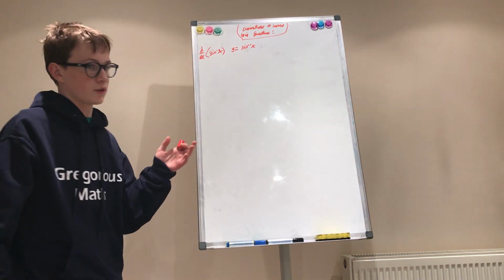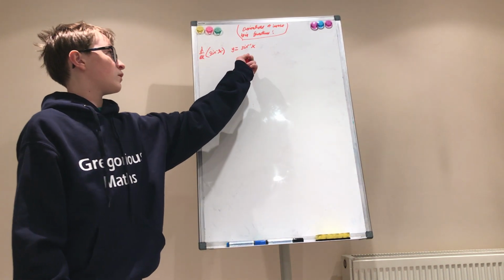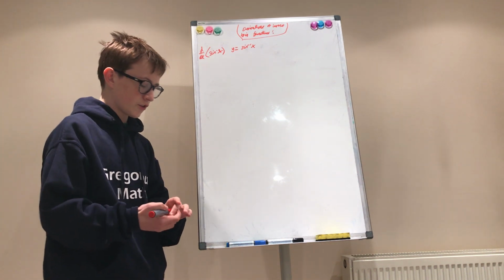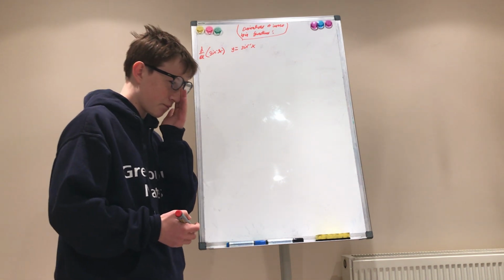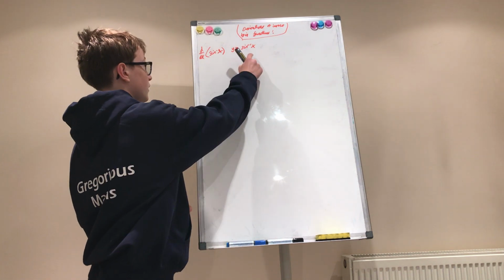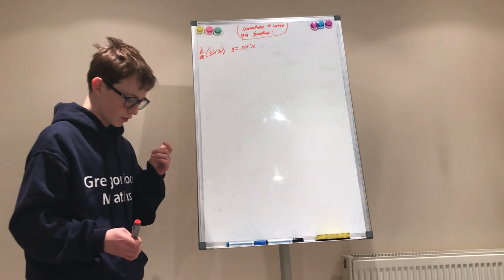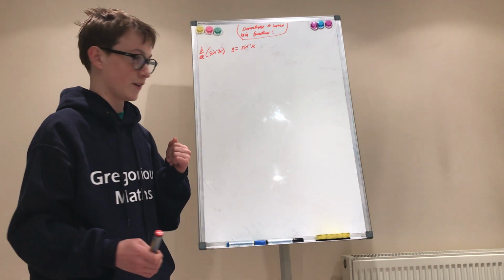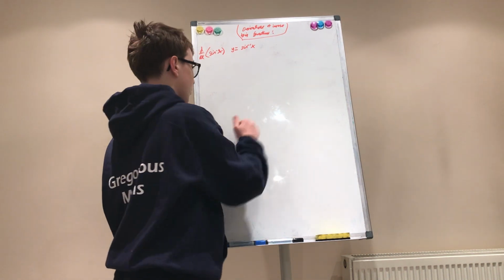Okay, implicit differentiation. We let y equal inverse sine of x, so we want to find dy/dx. But remember, an important note is, we don't want our answer to be in terms of y. So I'll show you what I mean.